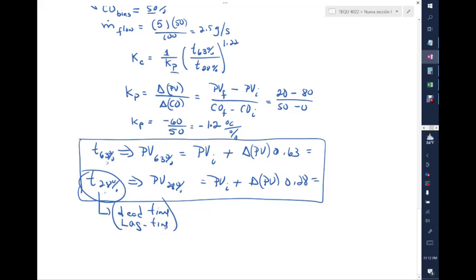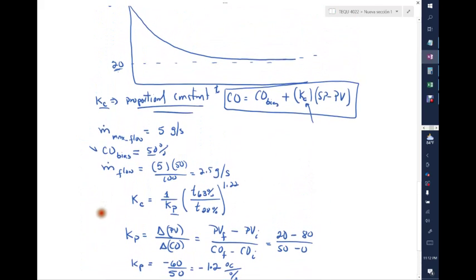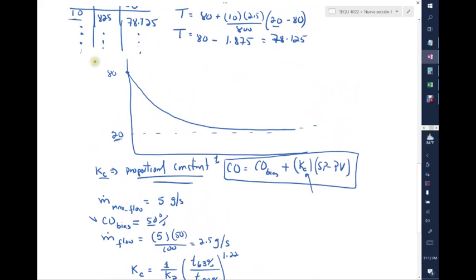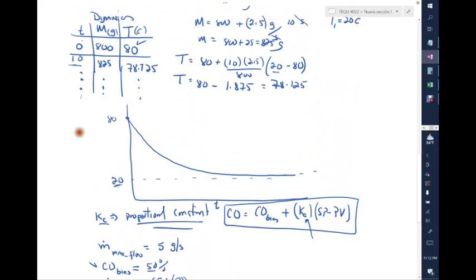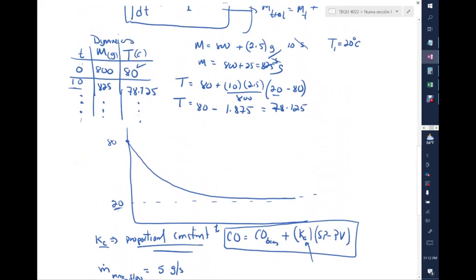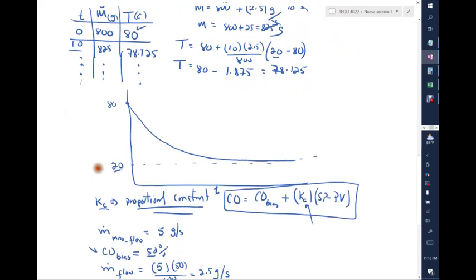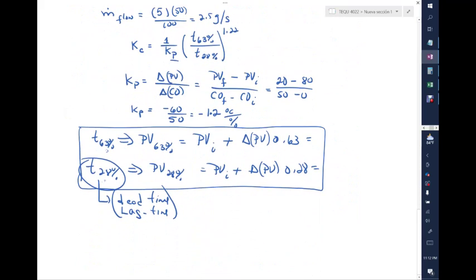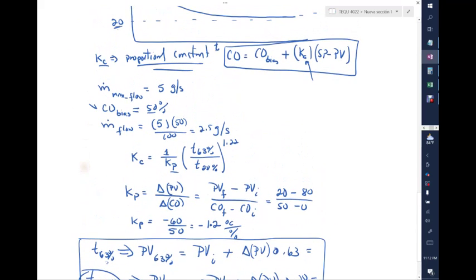All right, and so what we're going to do now is develop this. We're going to go to Excel and calculate this dynamic, and when we calculate the dynamic, then we're going to take a look at this equation, and finally use those equations to calculate Kc.